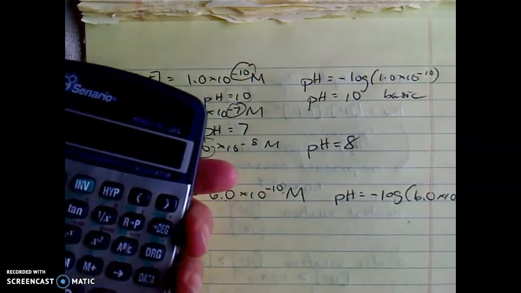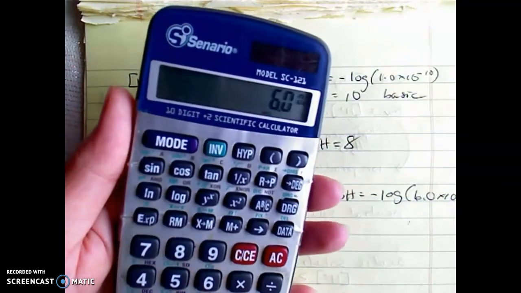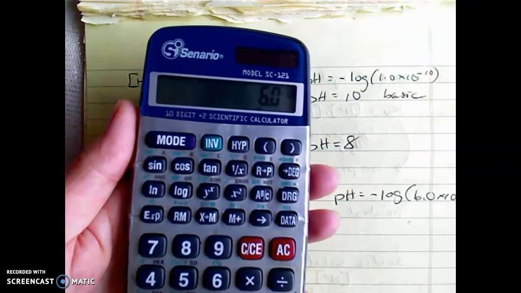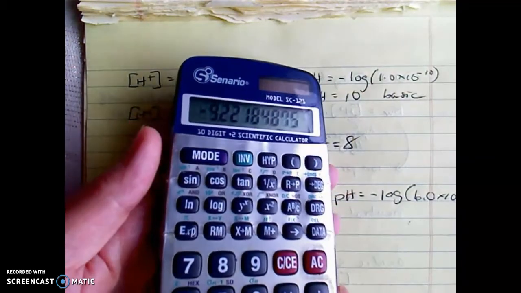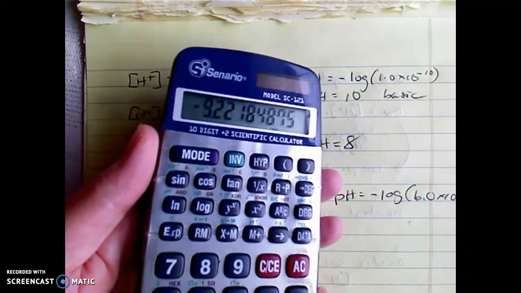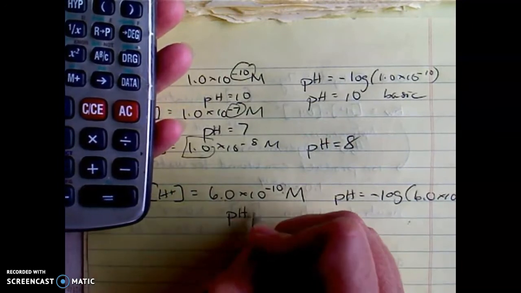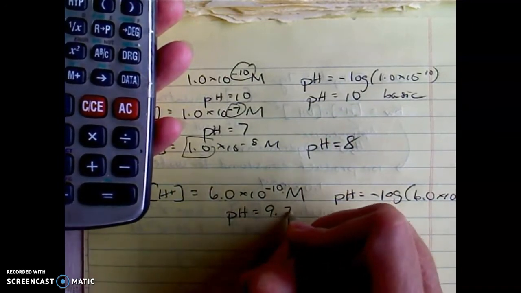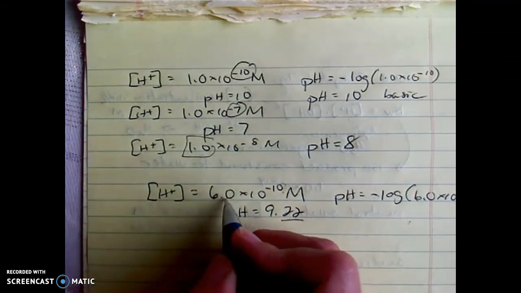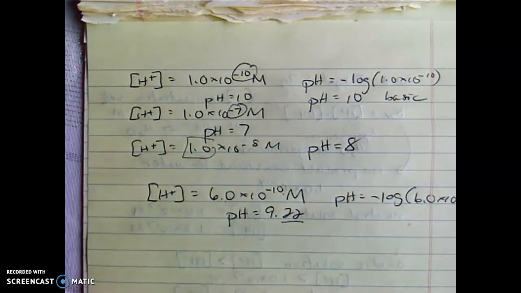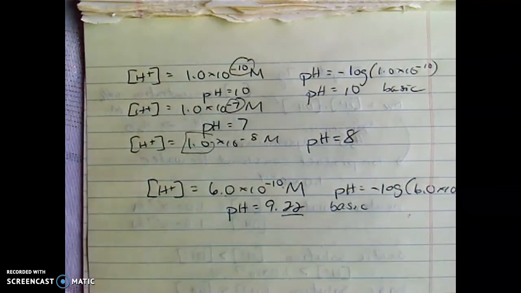So, again, calculator makes it very, very easy. 6.0 EE negative 10, and then hit my log button. And it gives me a negative 9.22. So, times that by negative 1, that gives me a pH of 9.22. I'm going to give 2 decimal places because I have 2 significant digits here. So my pH is 9.22, which makes this a basic solution.